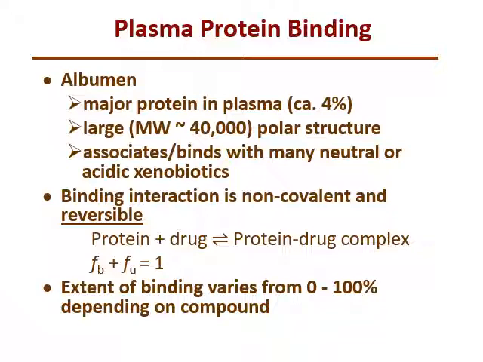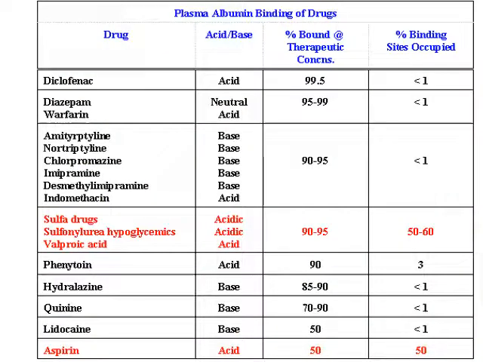And this association, this snapshot that we might take of a protein and a drug, is variable. The extent to which that binding occurs is variable, and it can range from 0 to 100%. So here's just an example of what I mean. Diclofenac is an acidic compound.